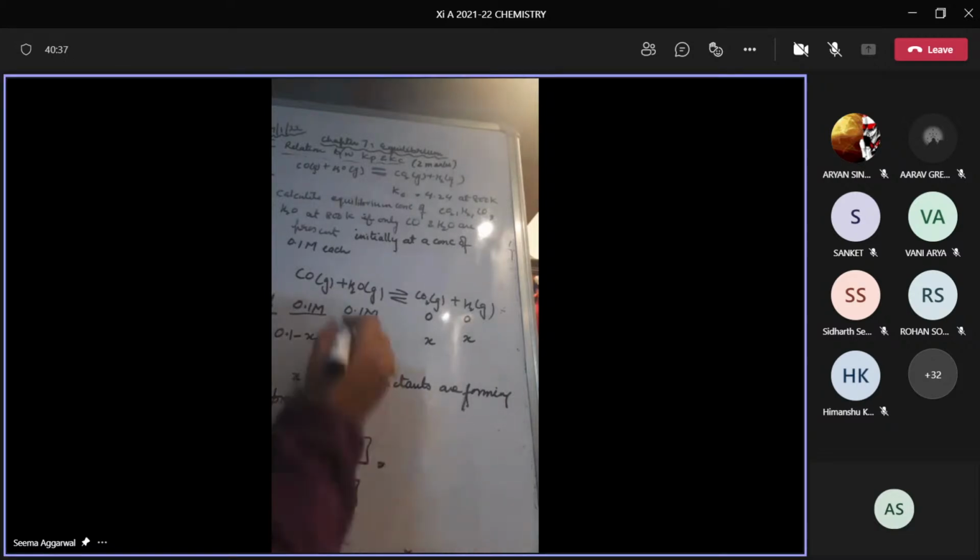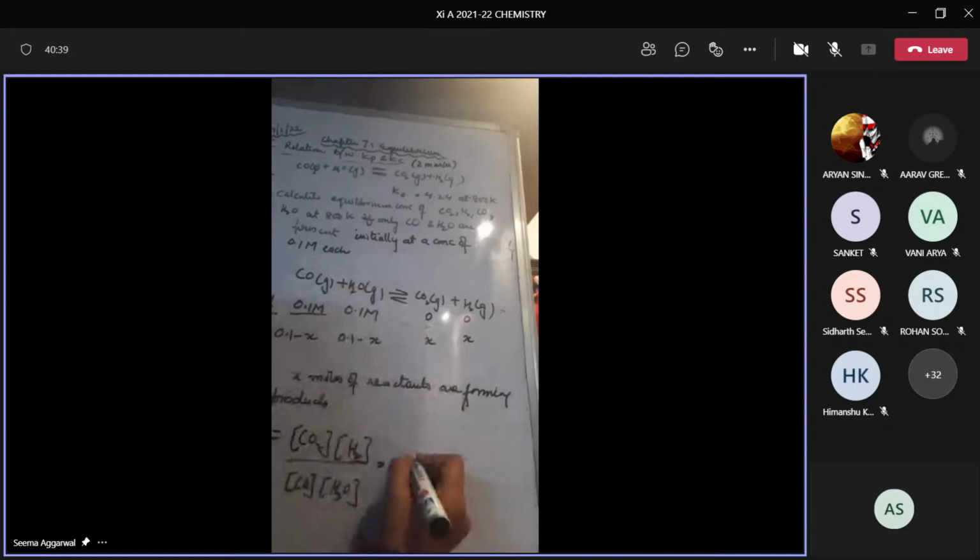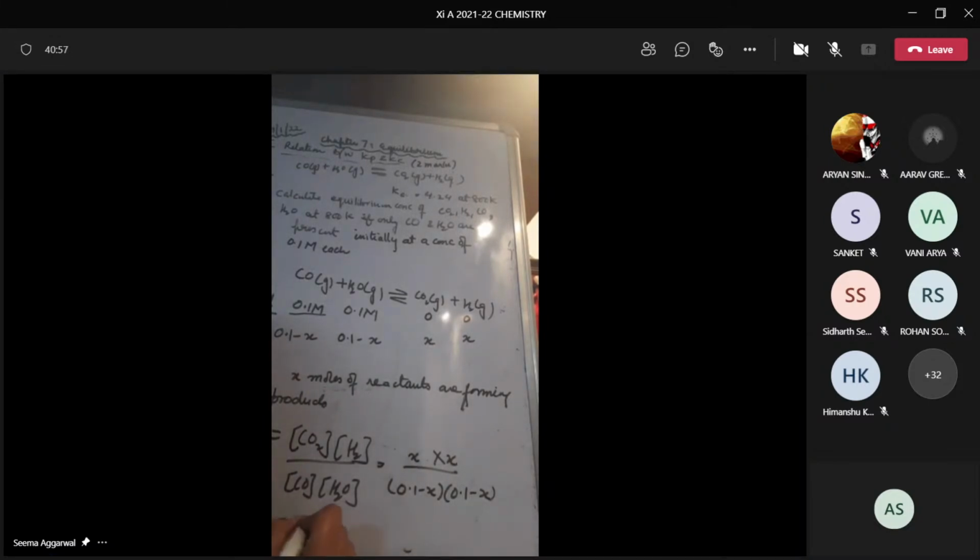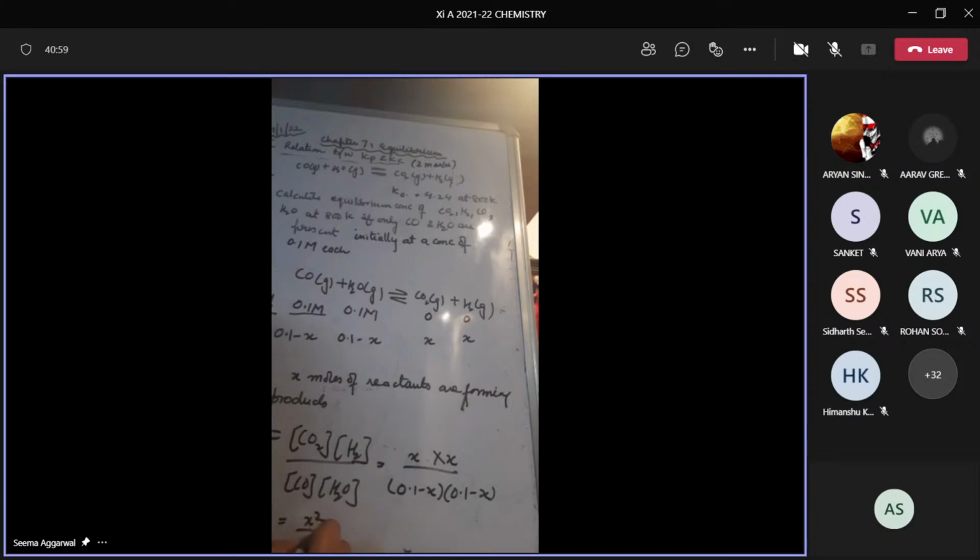Water is also a gas, not a liquid. So it becomes X into X upon 0.1 minus X, 0.1 minus X. Now in the question, what we are given is the value of Kc. So Kc, 4.24, is equal to X square upon (0.1 minus X) square.